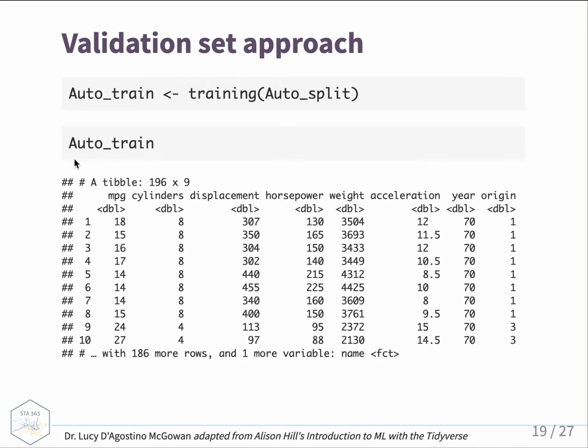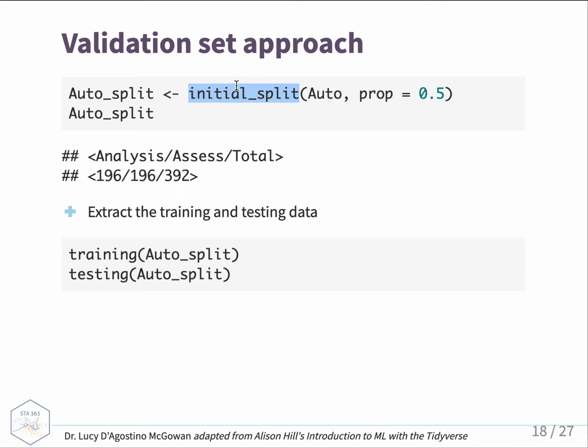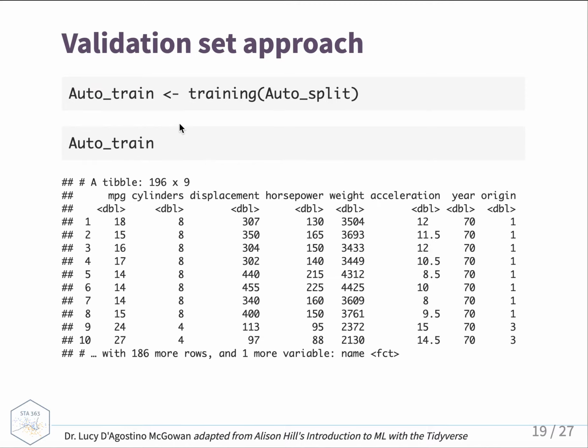Every time you run this initial_split function, you'll get a different split. It's randomly deciding which observations should be in the test data set and which in the training data set. So these 196 were randomly chosen as my training data set.